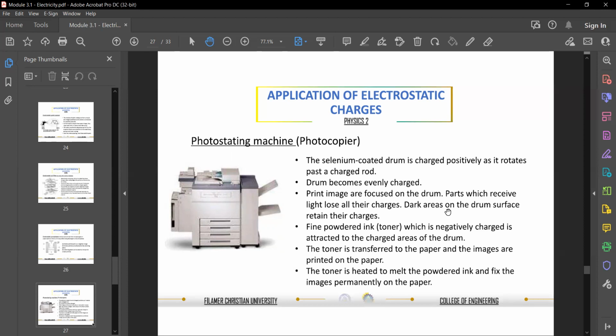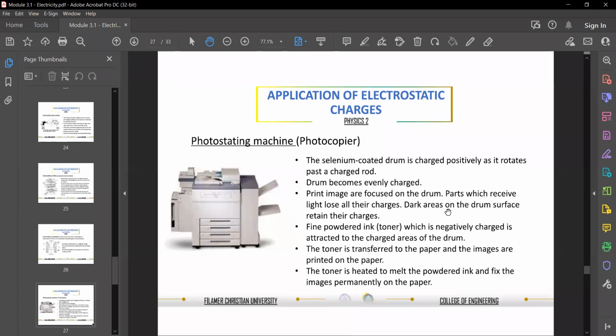So the dark areas on the drum surface retain their charges, and that is what imprints on the paper. We have what we call ink, the toner, a fine black ink powder.